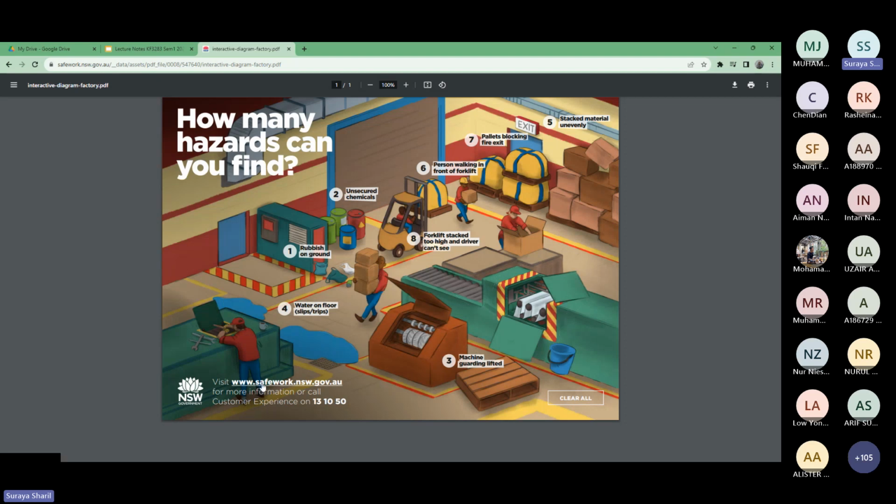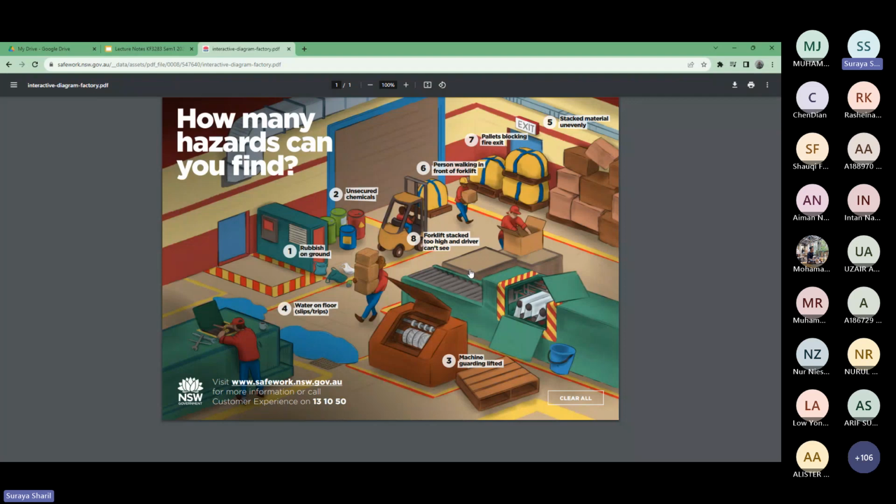You just Google this, www.safework.nsw.gov.au. There should be 8. This is 1, 2, 3, 4, 5, 6, 7, 8. 8 possible hazards.